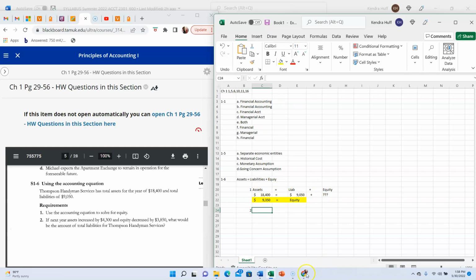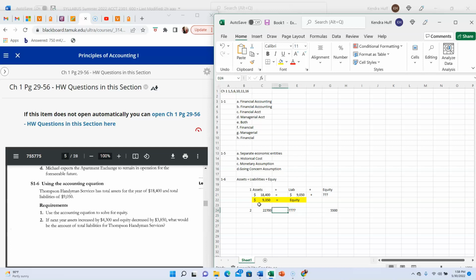Now our assets increased by $4,300, so our assets were $18,400 plus $4,300 because they went up. We don't know liabilities; this is the one we're solving for. But equity decreased by $3,850, so equity started out at $9,350 and went down by $3,850.